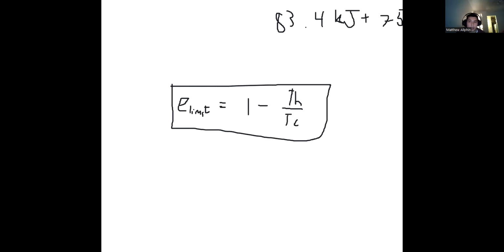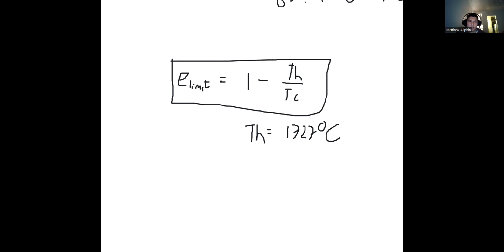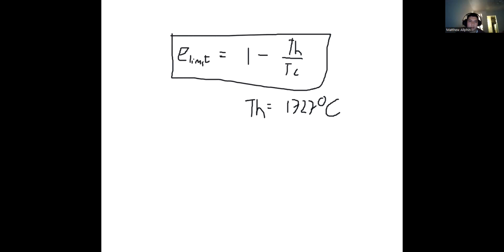Like I said before, we're going to have to convert it into Kelvin. So in order to do that, I take my temperature hot, the bigger of the two temperatures, which is equal to 1727 degrees Celsius. To change that into Kelvin, I have to add 273, right? It's 273 point something. I always forget what that is. It's not super important.